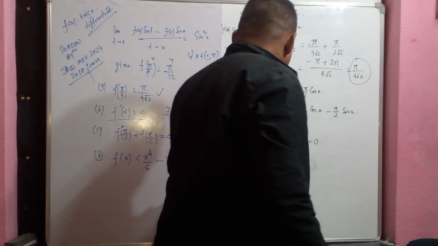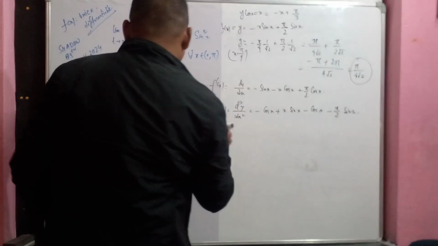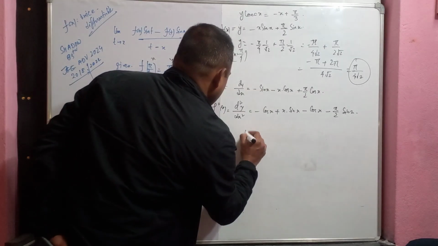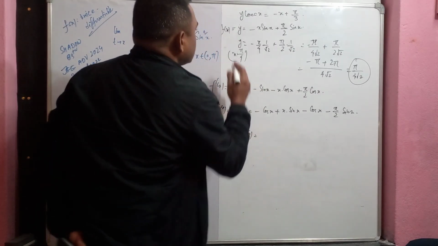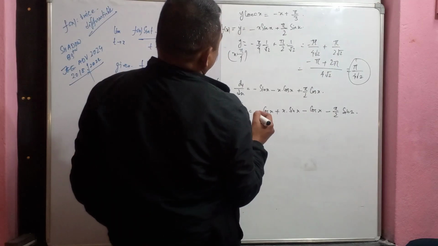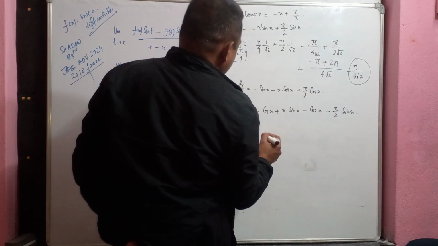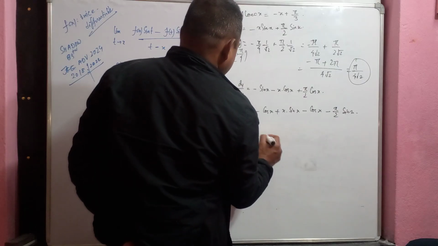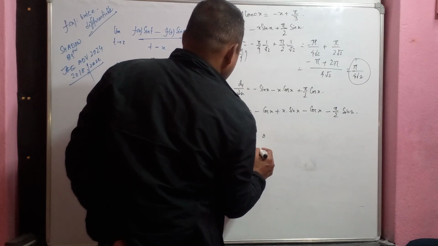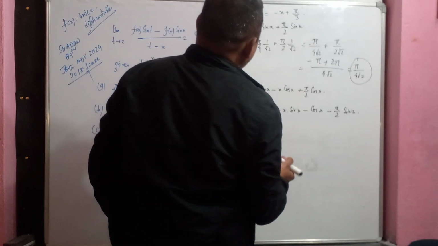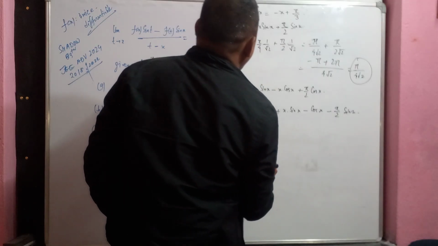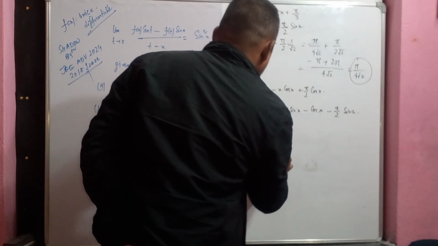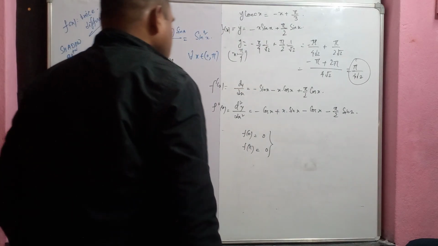For example, if you use Rolle's theorem here, f0 is how much? F0 is 0, pi by 2 0, 0. F0 is 0. What will be f pi? Again it will be 0. Yes, f pi is 0, both of them 0.